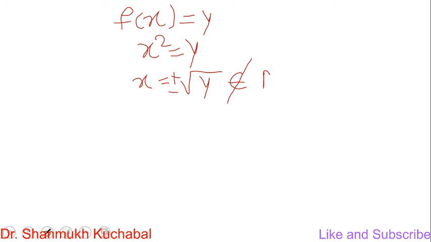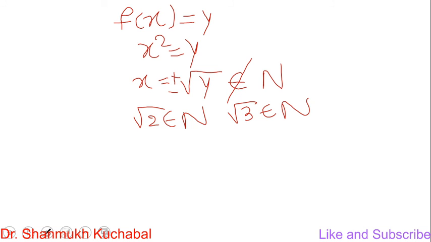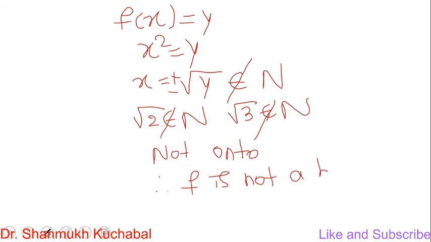See, it does not belong to N, because root 2 does not belong to N, root 3 does not belong to N here. So these are evidence that it is not onto. Therefore f is not 1-1, f is not onto, therefore f is not a bijective function.